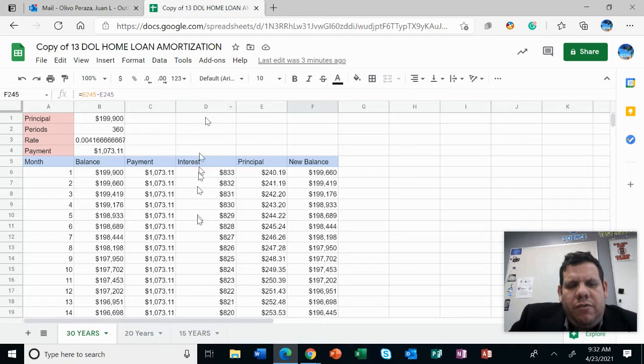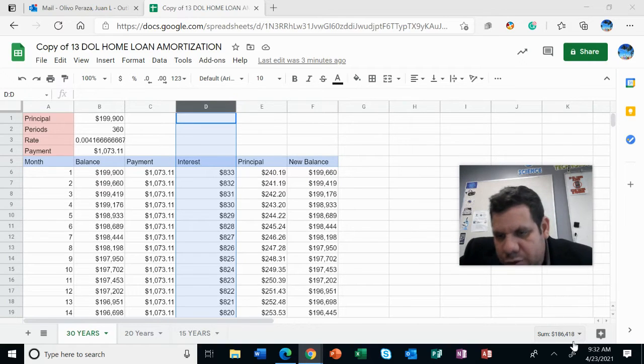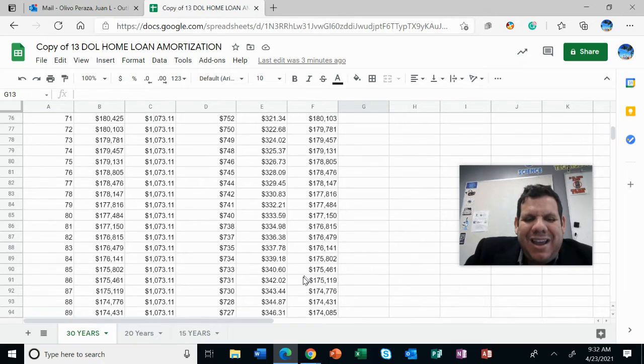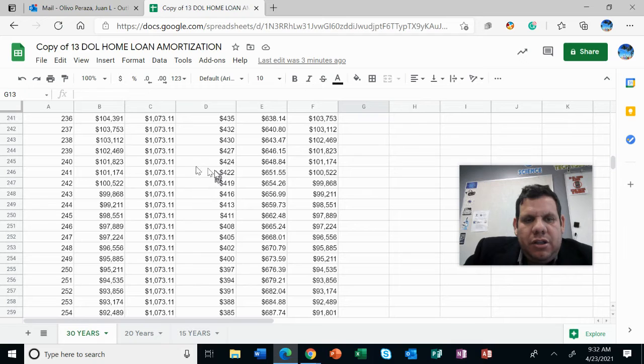Okay, so if you pay this in 30 years, if you select this, let's check that the interest that you're paying is 186,000 US dollars. It's a lot of money. But if for some reason you pay everything at this point, you have enough money saved.